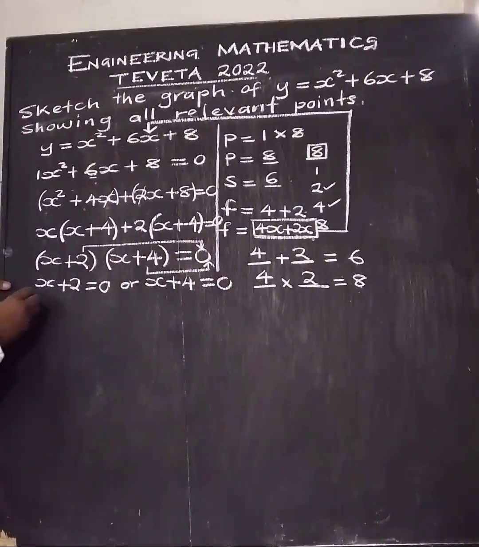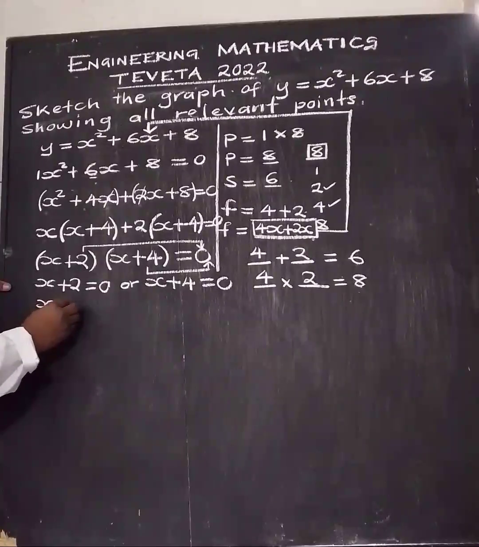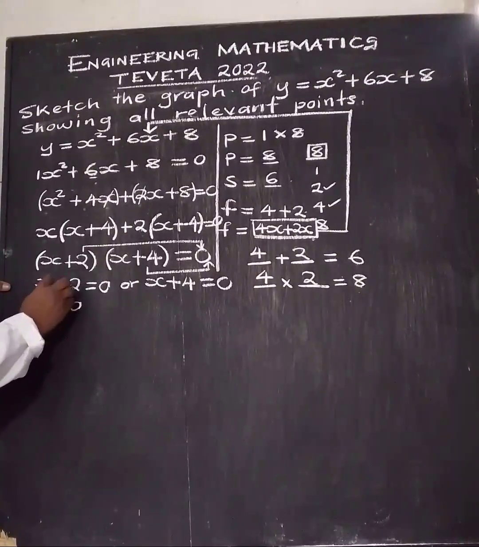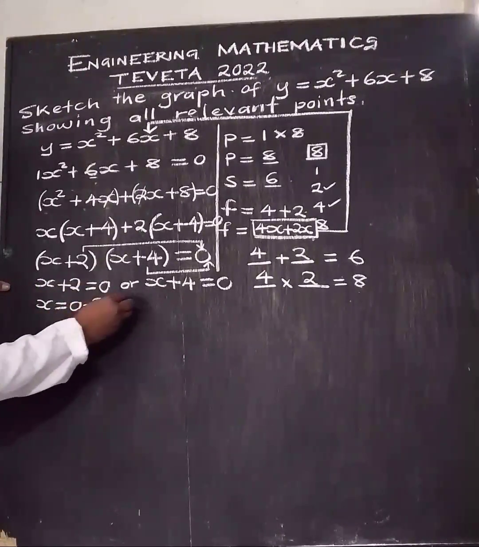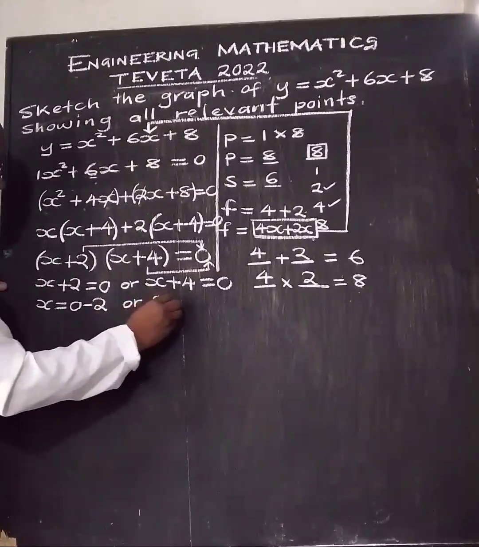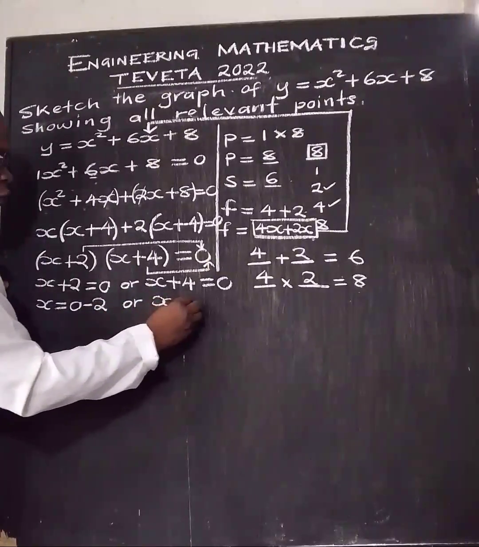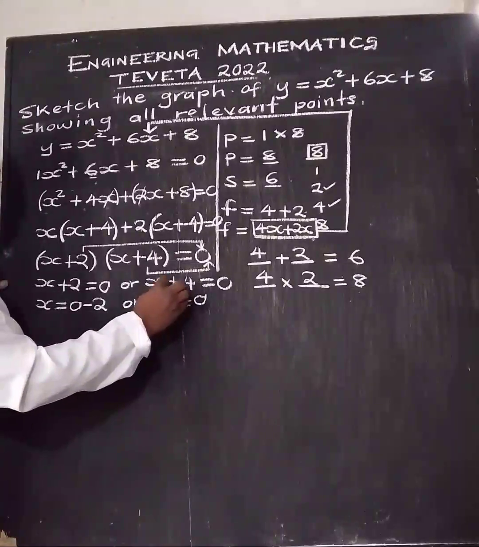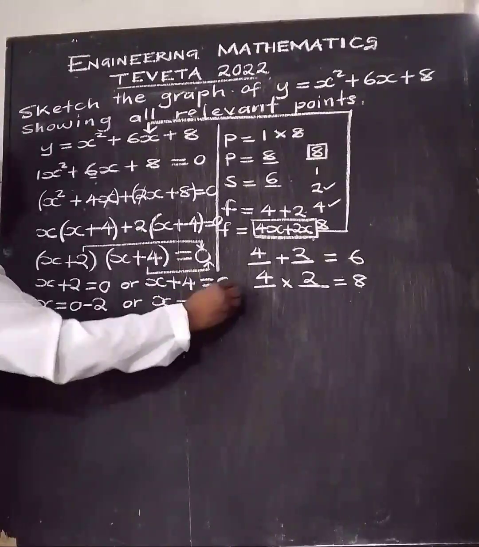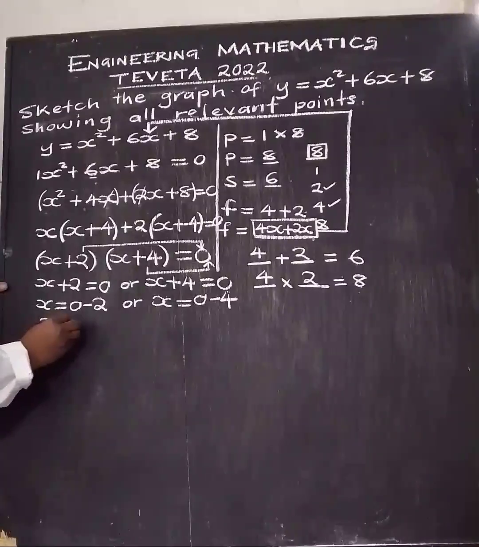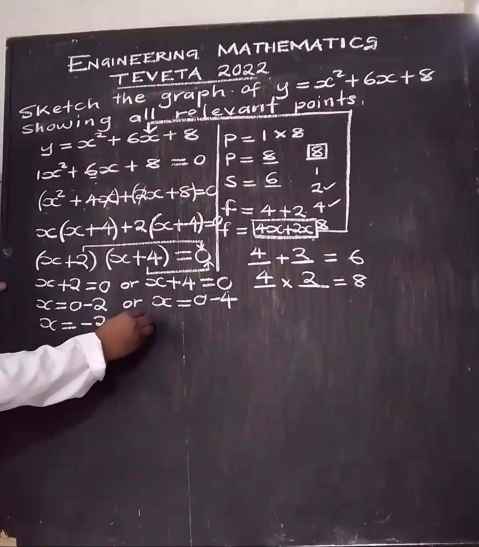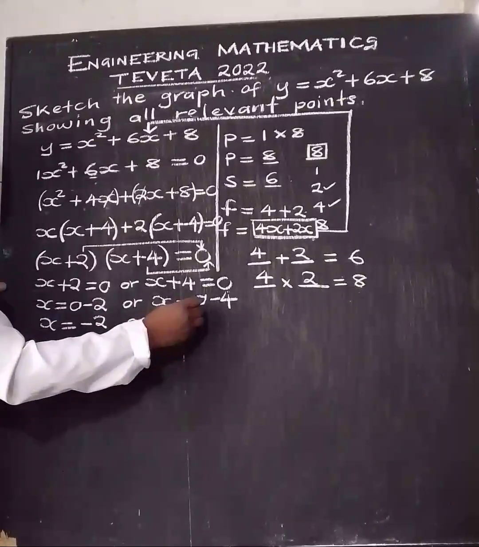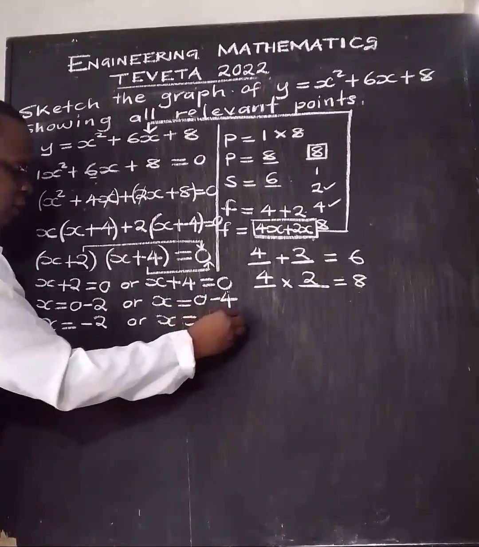We can now say x is equal to 0, this is positive, when transposed it becomes negative. So x is equal to 0 minus 2, get negative 2. Or x equals 0 minus 4, get negative 4.